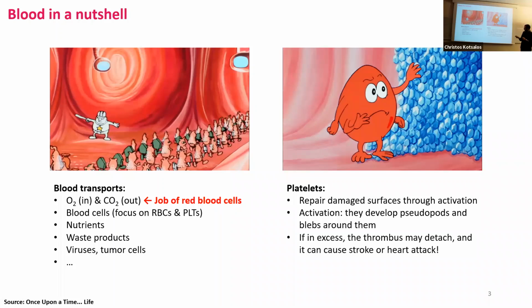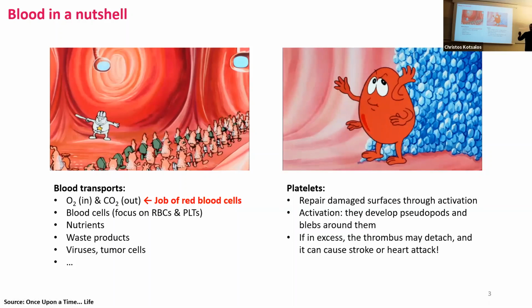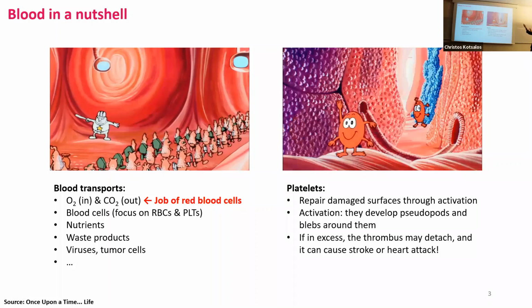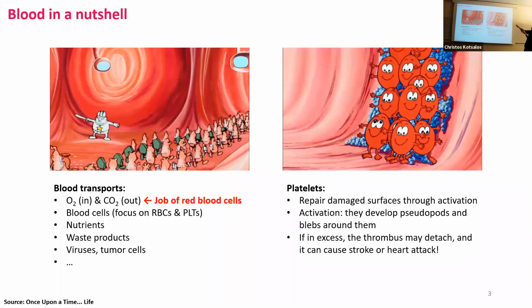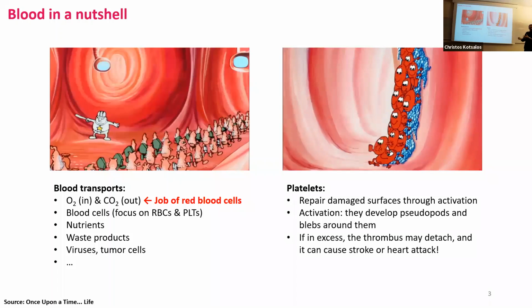Initially, they don't have this kind of hands that I saw in this image. During activation, they develop these pseudopods, these blebs around them, they find a damaged surface and they go and stick towards this damaged surface. So you see here a lot of platelets going towards the wall and repairing this damaged surface.